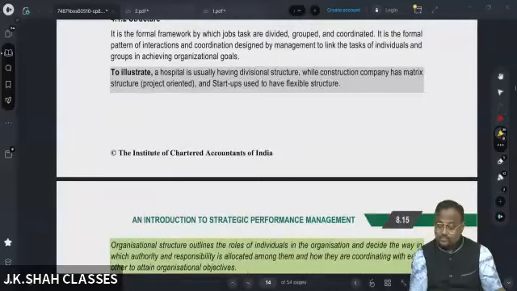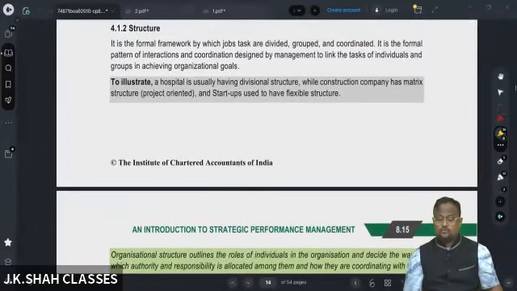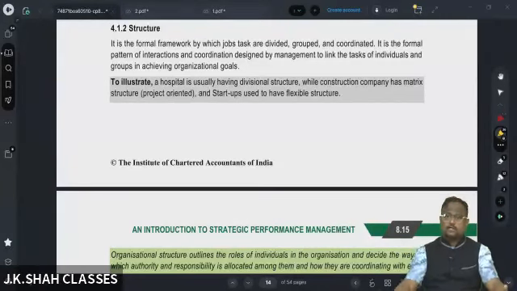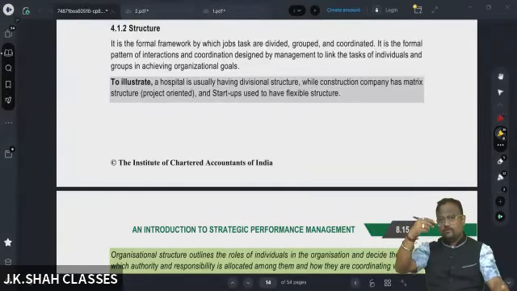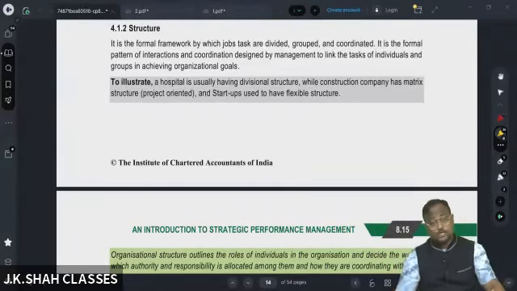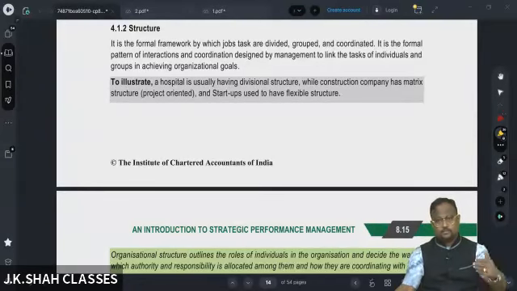Then how do you decide a structure? You should have your own organizational structure, hierarchy, like dean, then directors, then you have HODs of respective departments, then senior doctors, if it is a hospital.